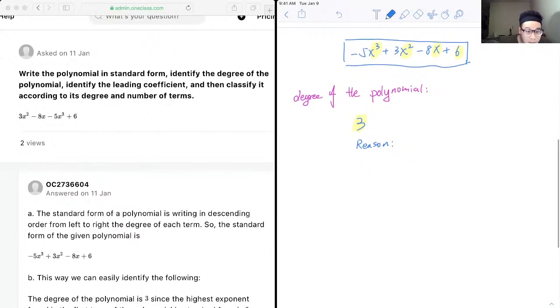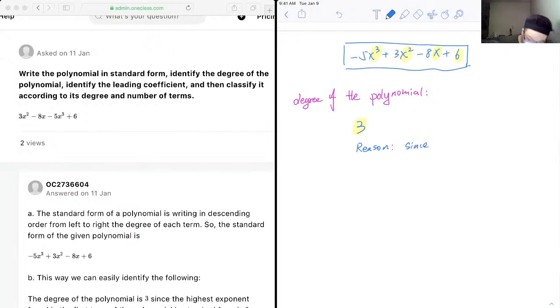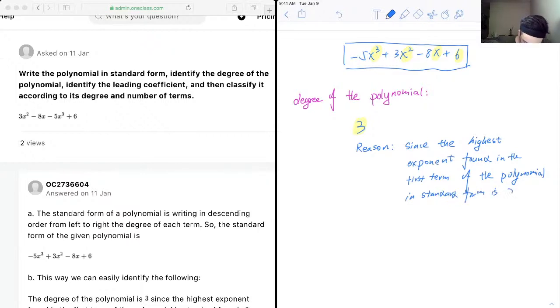Since the highest exponent found in the first term of the polynomial in standard form is 3.